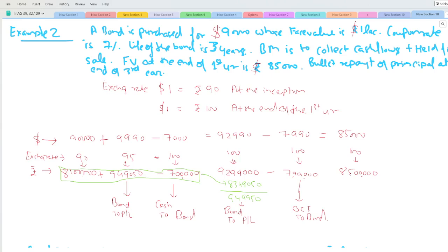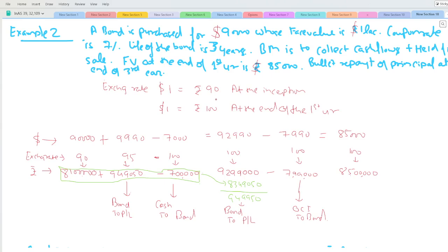Okay, and here this one, 92 lakh 99,000. How is it coming? This one into this one. So the difference of it is the FX impact. Here the FX impact is beneficial because your dollar has strengthened. Your exposure is in dollars, and your dollar is appreciating from 90 to 100.